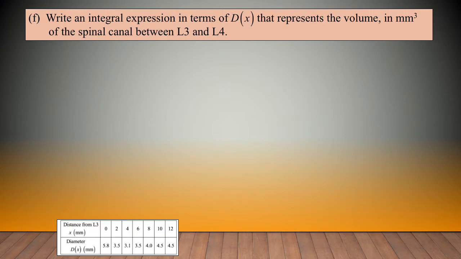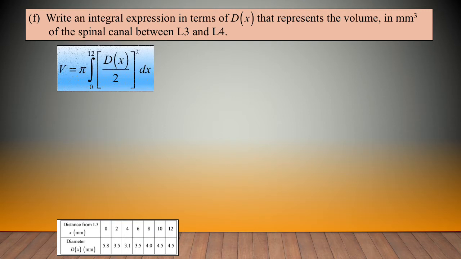Part F reads, write an integral expression in terms of d of x that represents the volume in cubic millimeters of the spinal canal between L3 and L4. You can think of this as a volume of rotation problem where the axis is the center of the spinal canal, and we are interested in rotating the radius about that.